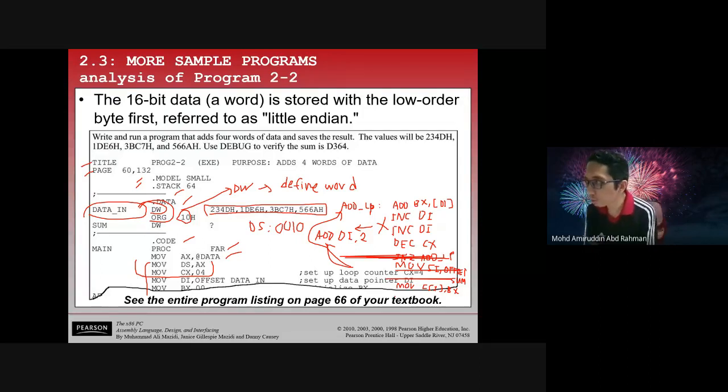Okay, so we can also check with the debug. So how do we do that? We type debug and then the program path, C colon, and then the name of the program, which is what we defined over there. It is prog2-2.exe, and then we run that.